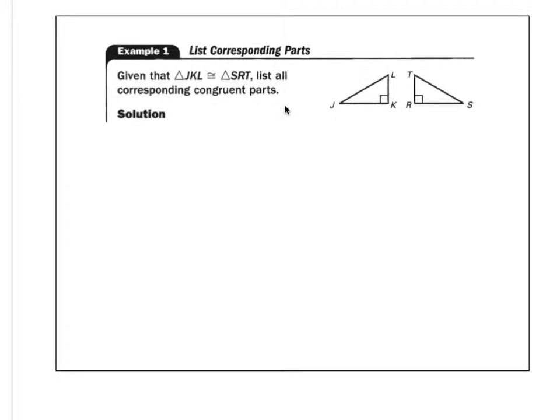Here's an example. Given that triangle JKL and SRT are congruent, list all corresponding sides and corresponding parts. Notice how they label these two triangles with the congruent sign. It's really important to write the sequence correctly.